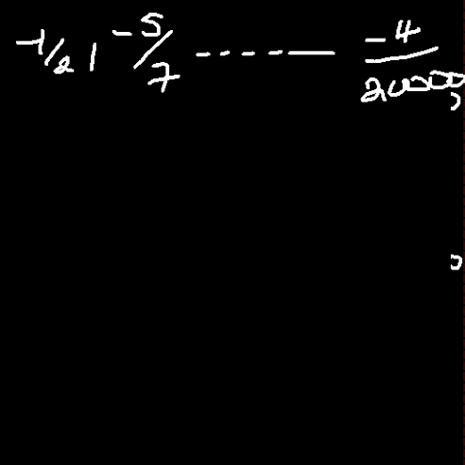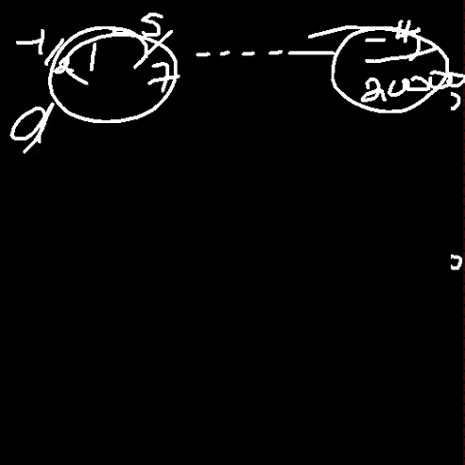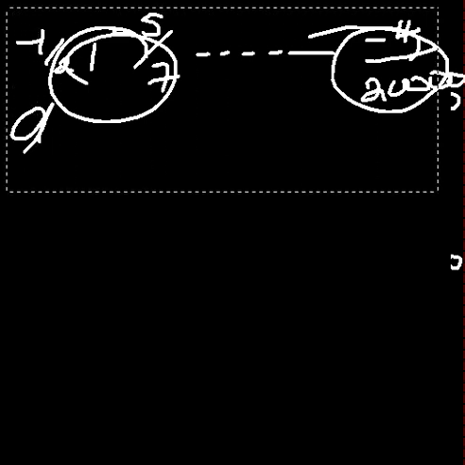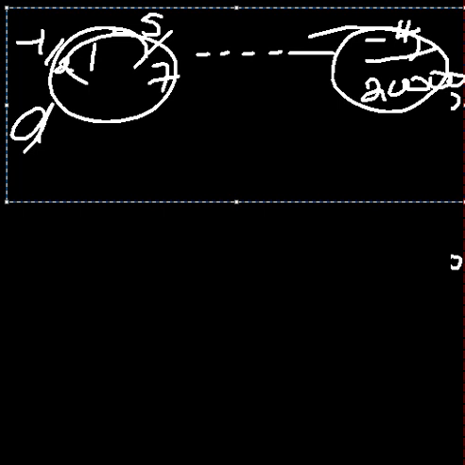Let's say this is the case. So what is the number of terms corresponding to this particular arithmetic progression series? Much as this is the first term, we'll have the common difference, and this is the last term. You can work that out at your own time.